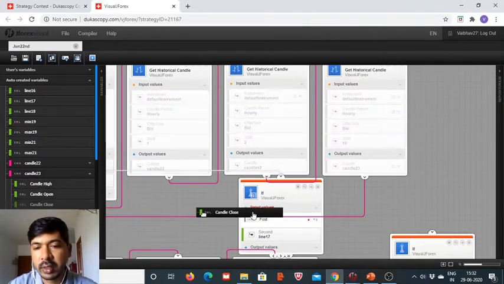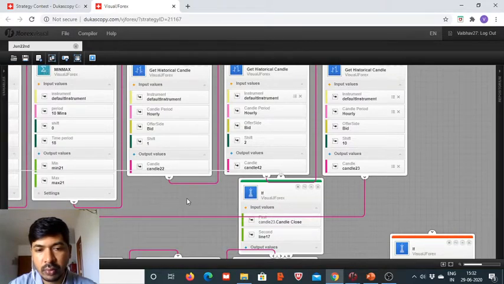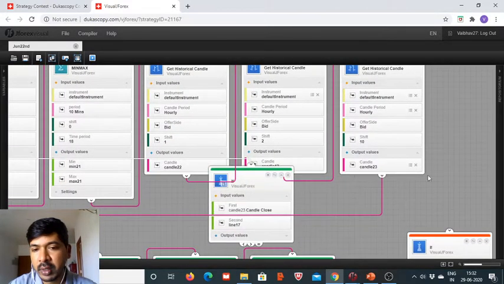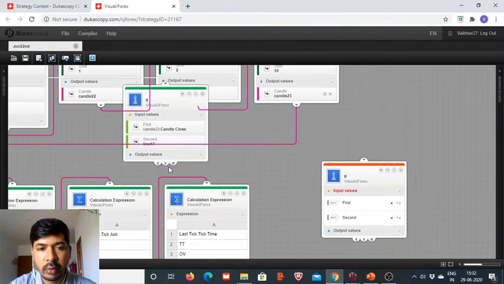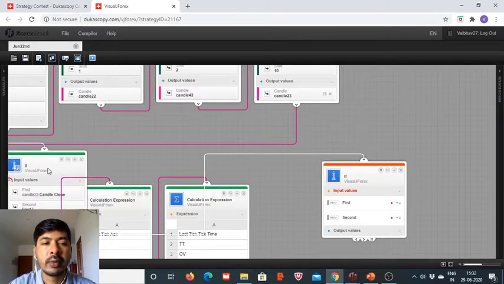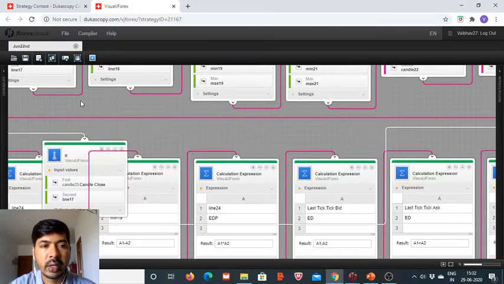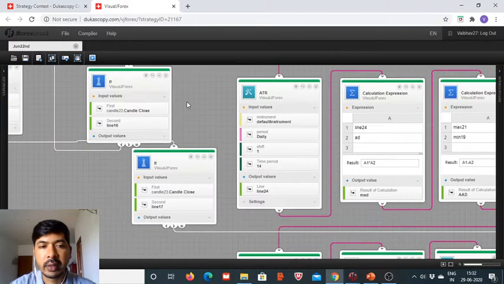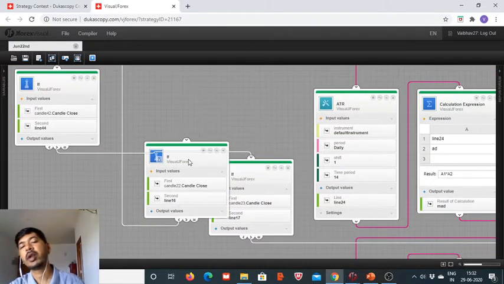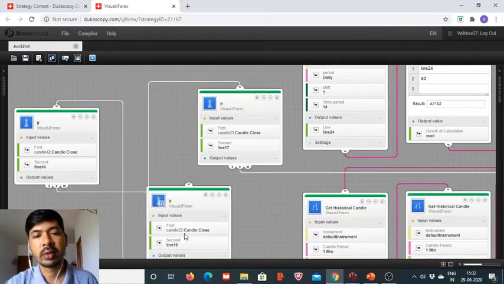We consider its closing level. So okay, now the first input should be greater than the second input. All right, so here we have defined three conditions related to the linear regression intercept, and these are basic requirements for any trade to happen. Let us arrange these blocks.